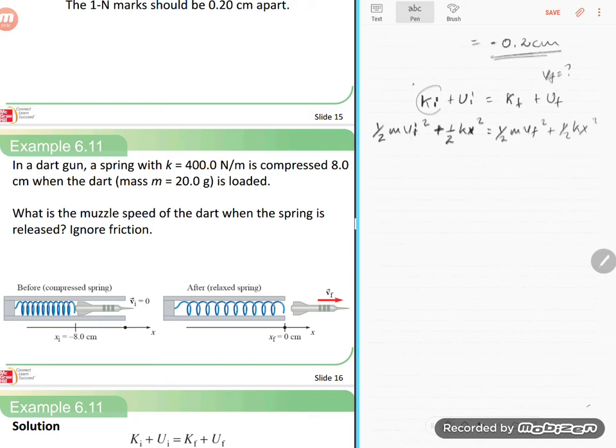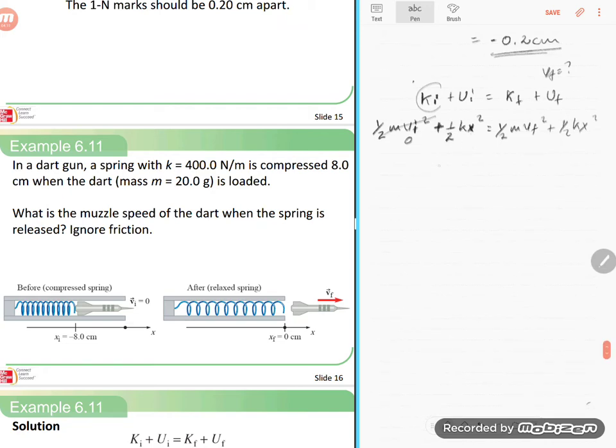For this one, because we don't have movement, the dart has no speed, that means this one is 0, so all of this will be 0. But for this one we have extension, which is 8 centimeter, but we will not take it in centimeter, we will take it in meters, that means 0.08. So half k, where k is 400 Newton per meter, times 0.08 square.